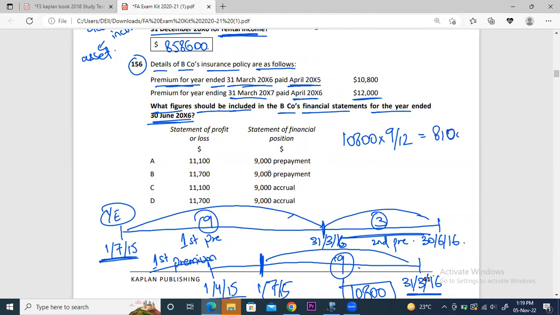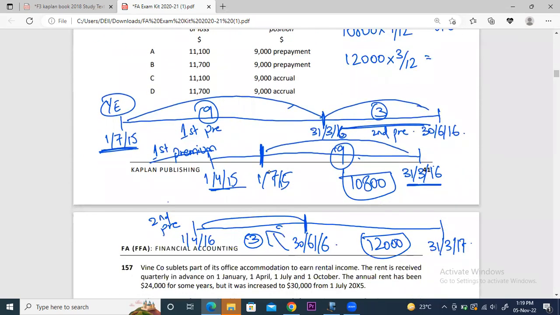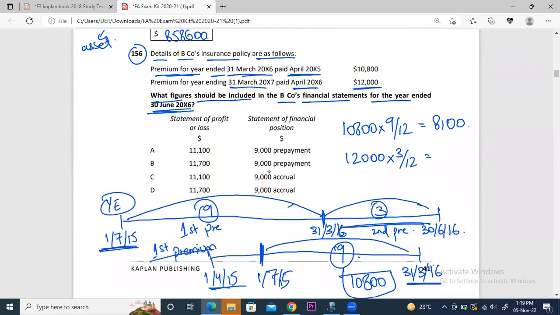Sorry, 8,100. And for the remaining 3 months, because we have to cover the whole 12 months, right? 1 year is of 12 months whole, right? So 12,000 into 3 by 12, remaining 3 months will be taken from the second premium, these first 3 months, and this will be 3,000.